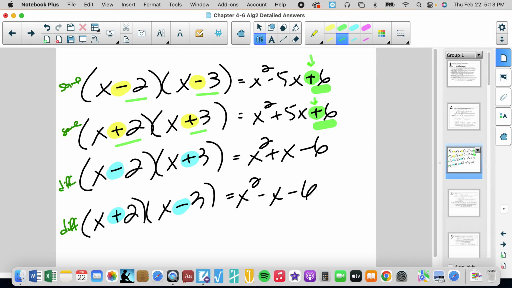And then this is actually an indicator of what those two signs are. You notice that they're both negative, and this is negative because this term is the sum of our outside and inside. That's our outside, which is -3x.